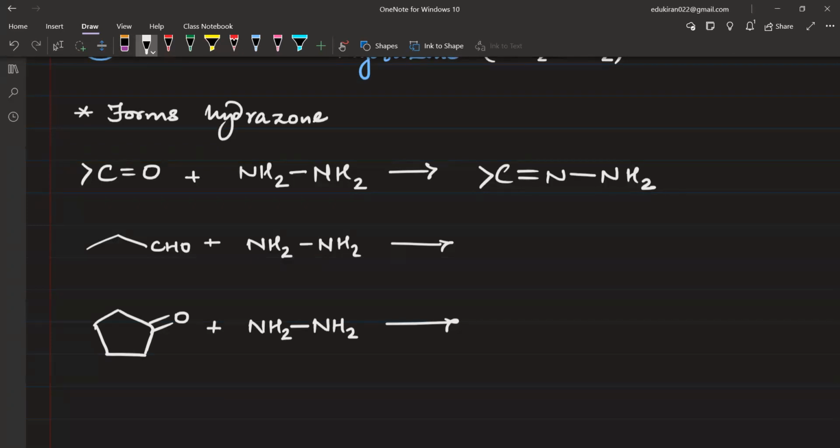So here you will have 1, 2, 3 carbon atoms, CH double bond N, further bonded to NH2. And here you will have double bond N, further bonded to NH2. I hope this is fine. No problem till here, yes or no?